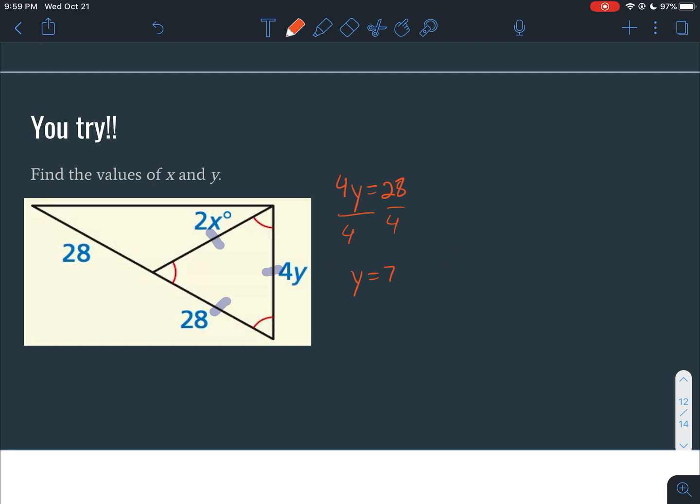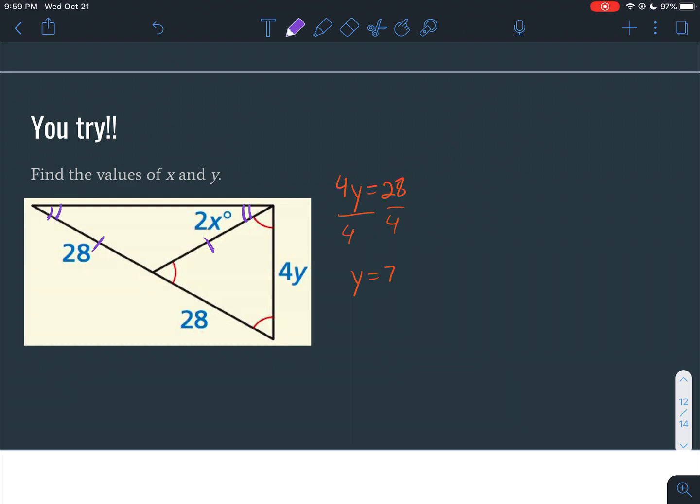Now finding x is not going to be particularly hard, but there are going to be a few steps going on here. So on x, we have an isosceles triangle. These sides are the same. And on an isosceles triangle, the base angles are congruent.